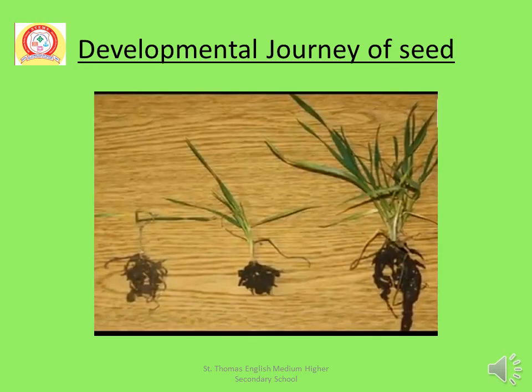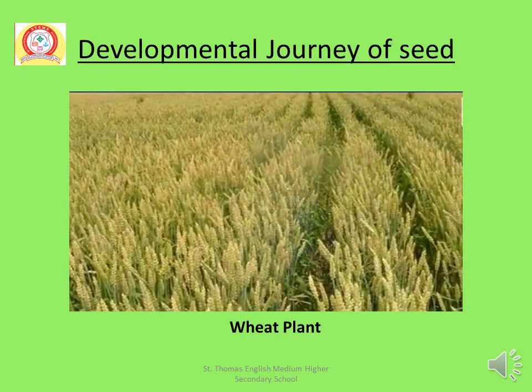Plants with a thin stem have many roots grown from the base of the shoot. Wheat plant is an example of thin stem plant.